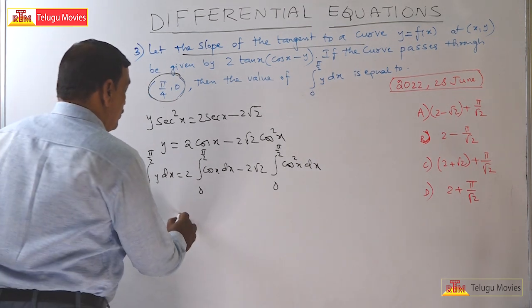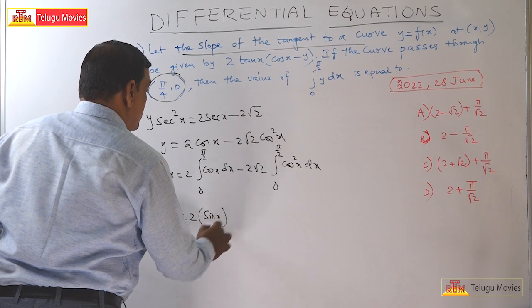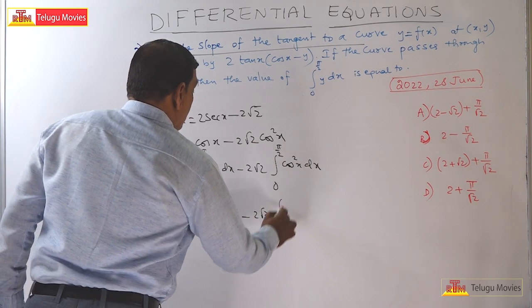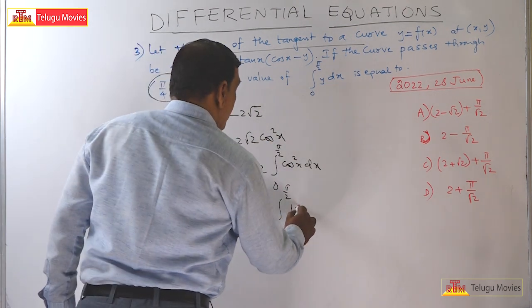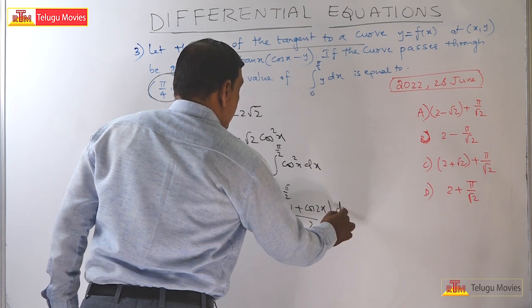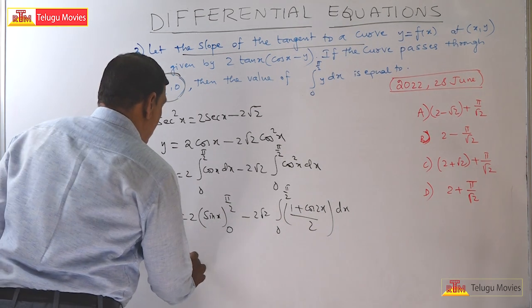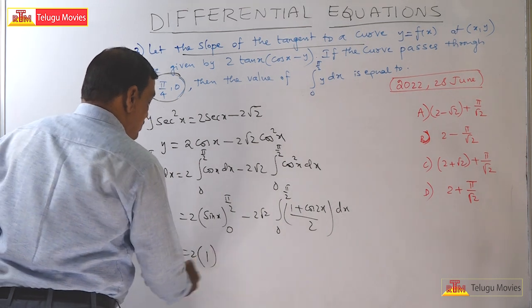So, this is equal to 2 into the integral of cos x, which is sin x, with upper and lower limits, minus 2 root 2 into the integral 0 to pi by 2 of cos square x, which I can write as 1 plus cos 2x upon 2 dx. Now substitute the upper and lower limits. This is sin pi by 2, which is 1, minus 0, so this is 1.